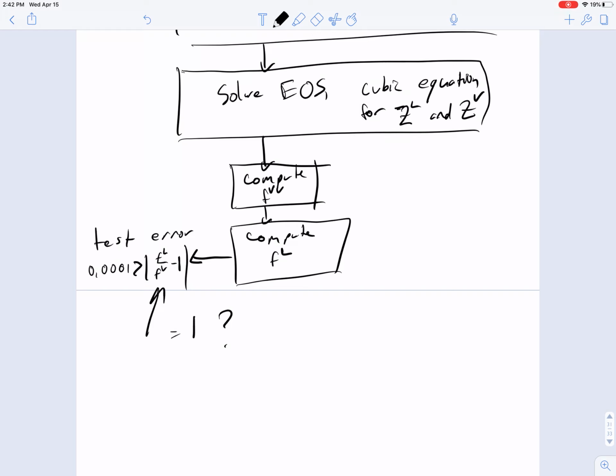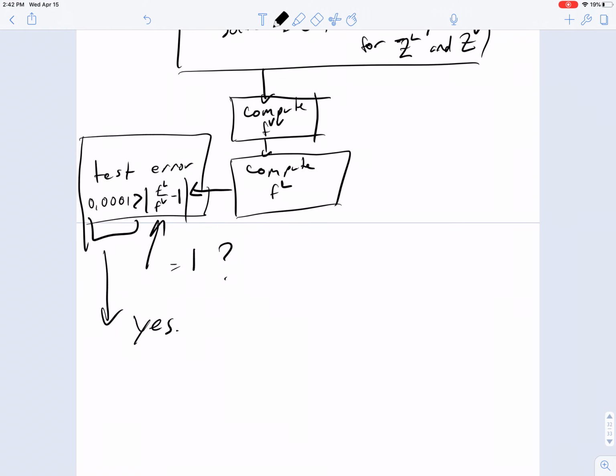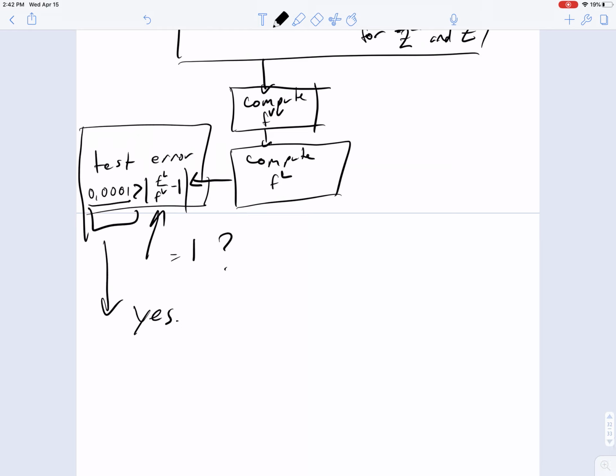If it's really close to 1, within an error of 0.0001 on your computer, then you're really close to that value, and you have to make a decision from that. So here's the error testing, and if the answer is yes, this error is less than this error metric, then you've achieved equilibrium and coexistence. You've found it.